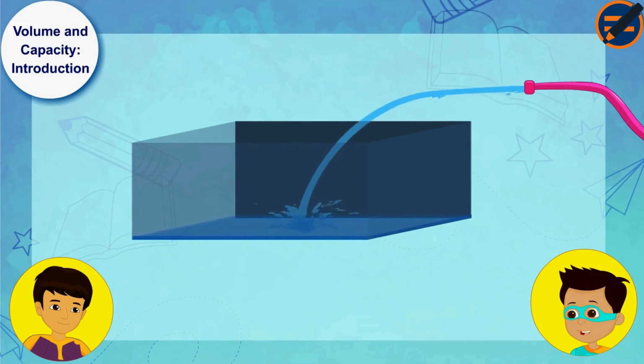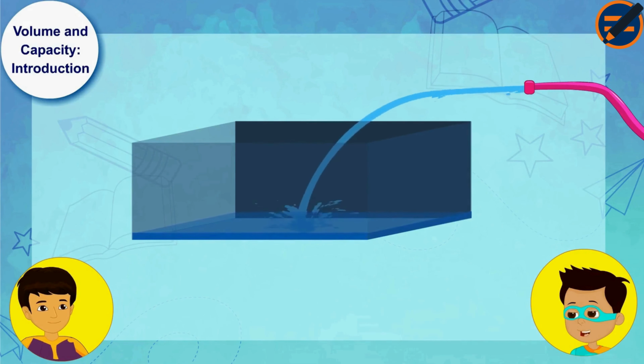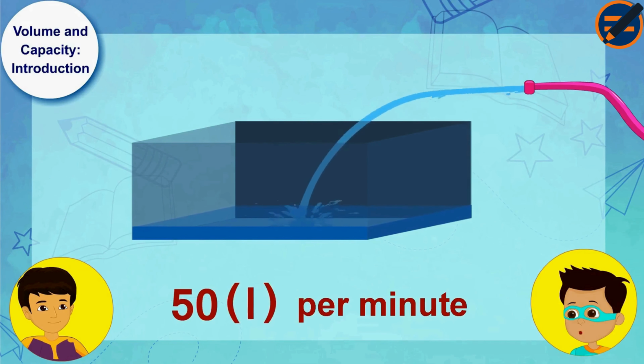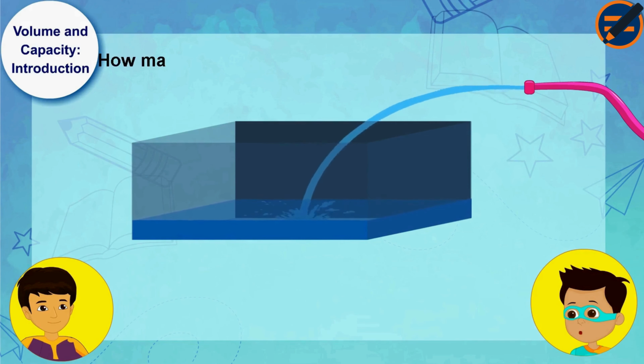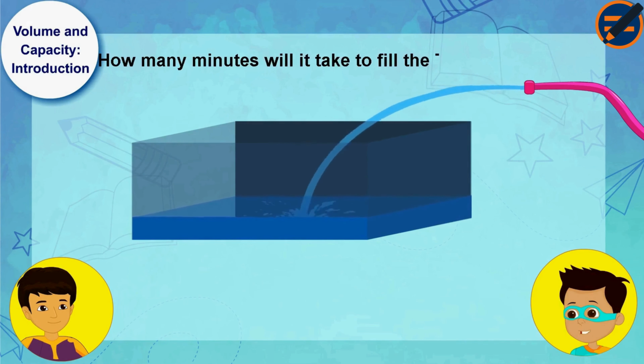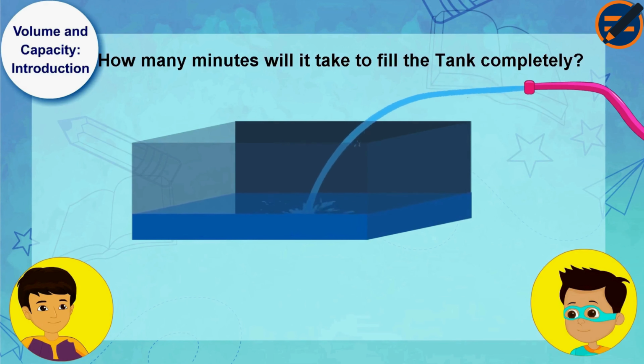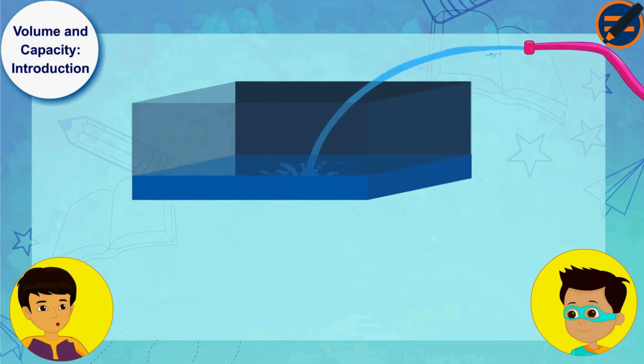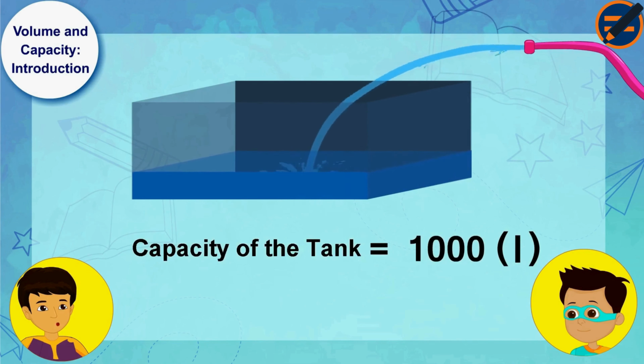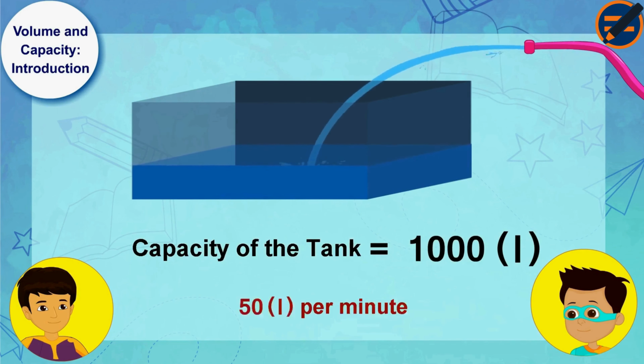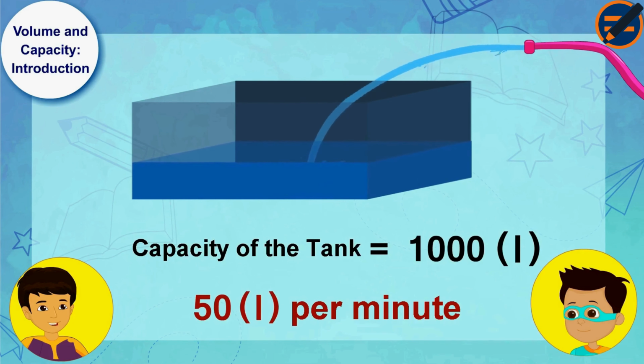Manas, the pipe used to fill water in the tank has water flowing at the rate of 50 liters per minute through it. Then, how many minutes will it take to fill the tank completely? The capacity of the tank is 1000 liters and the pipe fills water at the rate of 50 liters per minute.